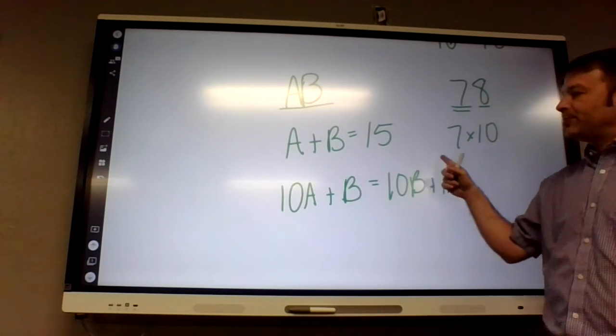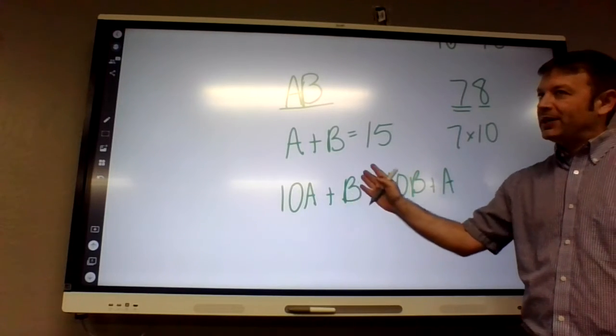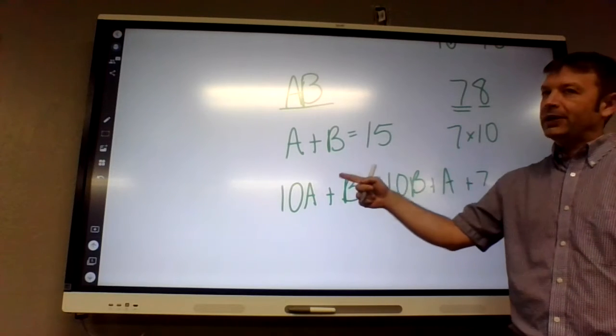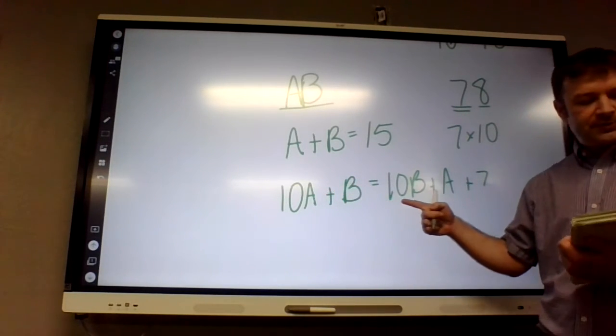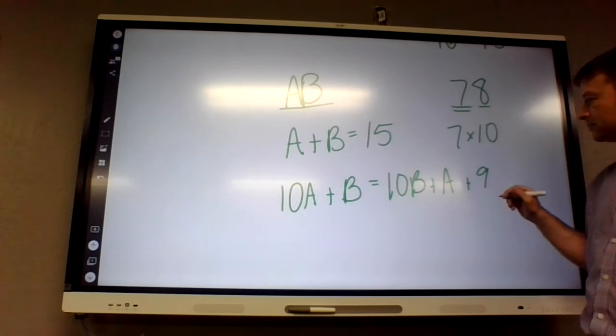So you could subtract 9 from this side to make it equal to that, or you could add 9 to this side. It was 9 less. Yeah, I see it now.